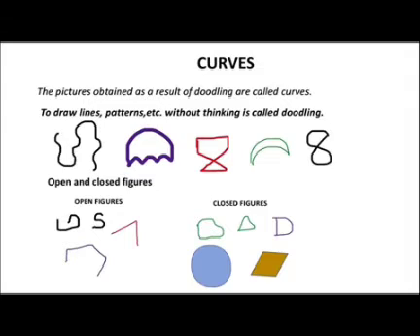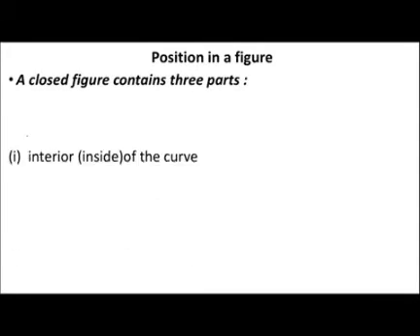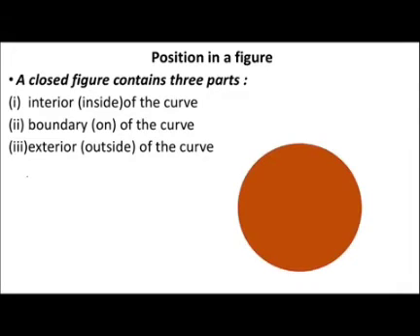Now let us see what the position of points in a closed figure are. I have taken an example of a circle which is a closed figure. In this closed figure we have three parts. What are the three parts? It is the interior of the curve, that is inside of the curve, the boundary of the curve, that is on the curve, that is on the perimeter or circumference.